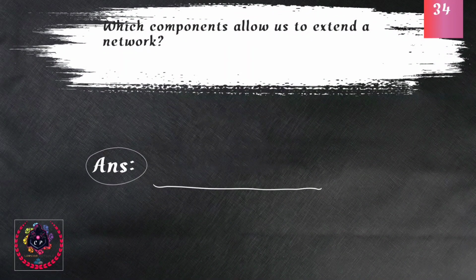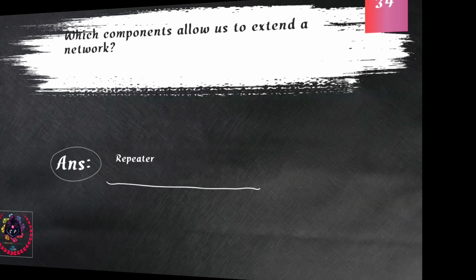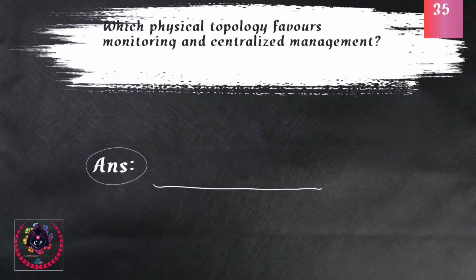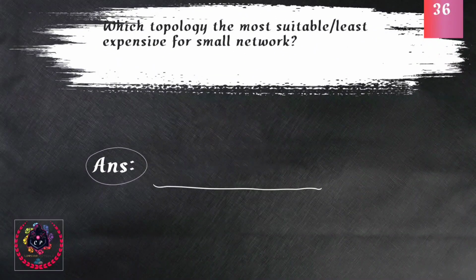Which component allows us to extend a network? Repeater. Which physical topology favors monitoring and centralized management? Star topology. Which topology is the most suitable and least expensive for a small network? Bus topology.